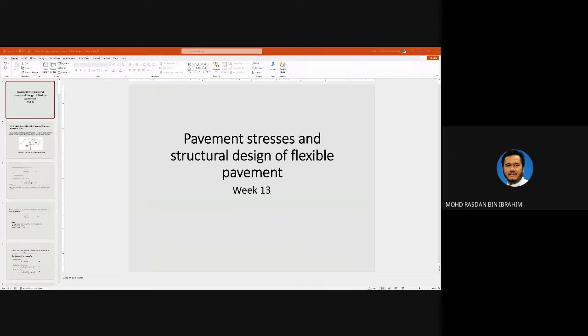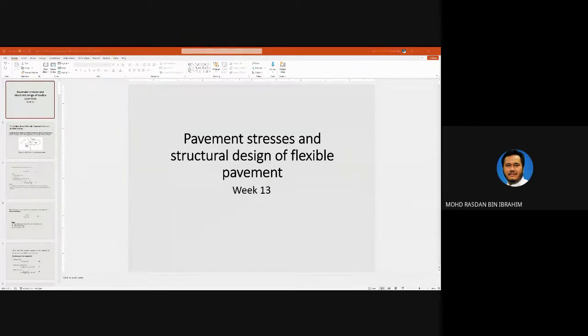You might want to pay attention to these two classes. On top of the other classes, of course, but in terms of pavement and asphalt design and also theory, these two classes are very important.